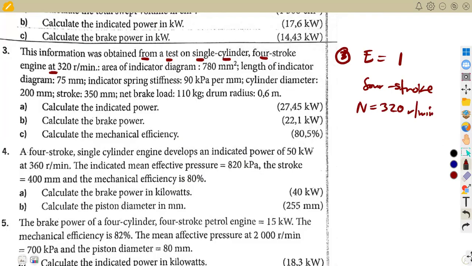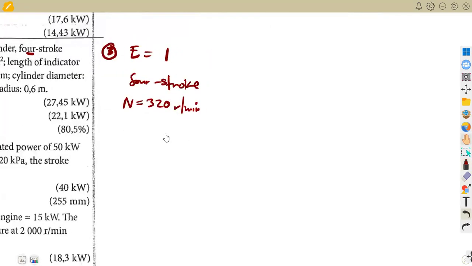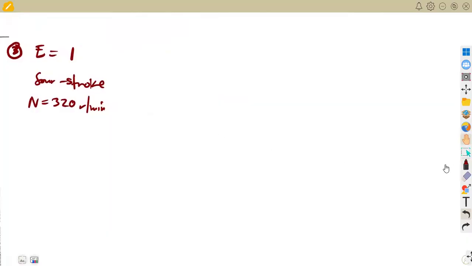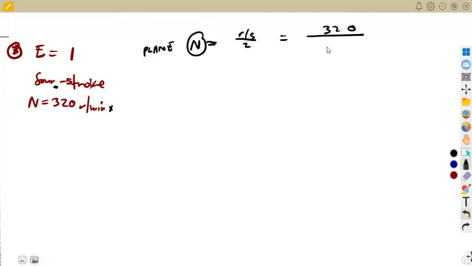Remember that if we are to use the Plan formula, this N is going to be affected. Since it is a 4-stroke, the N that we need there is revs per second over 2. That's revs per second, 320 over 60 to convert to revs per second, then we divide by 2.